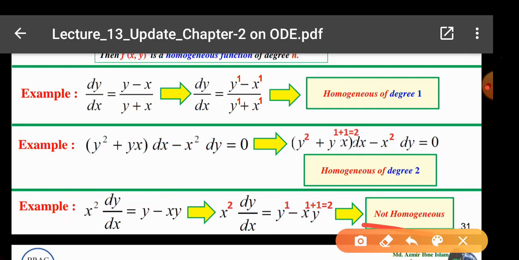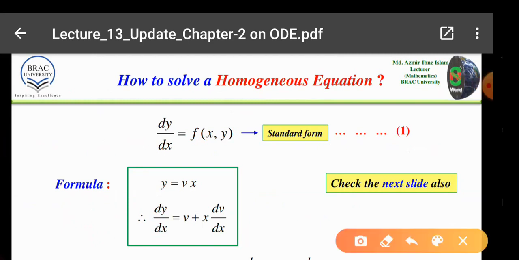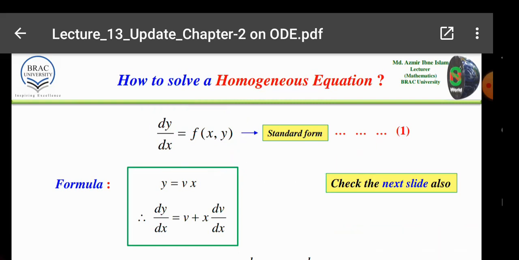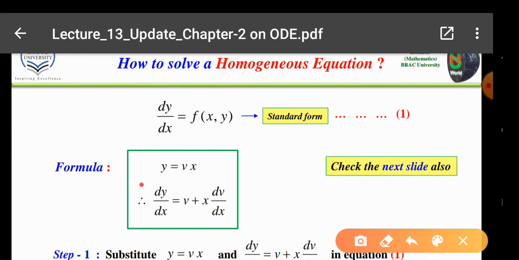I hope you understand. Suppose you have a homogeneous differential equation of the form dy/dx = f(x,y), and I have mentioned this as equation 1. I mentioned earlier that if we have a homogeneous differential equation, then it takes an appropriate substitution, and the substitution will always be y = vx.